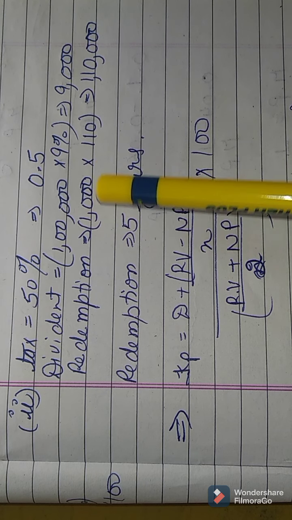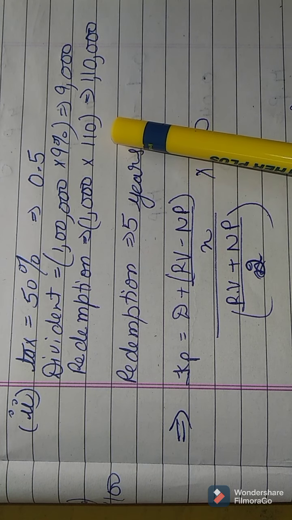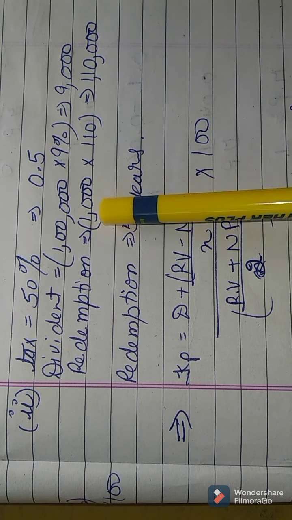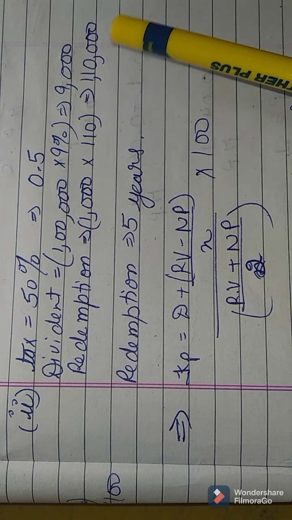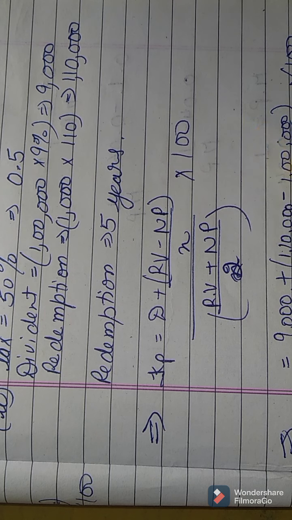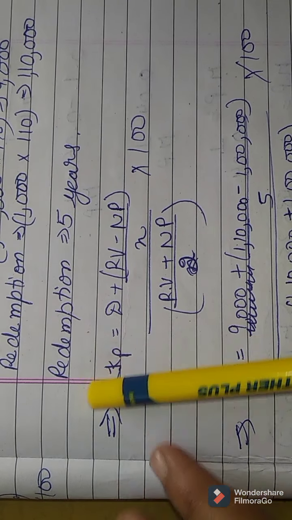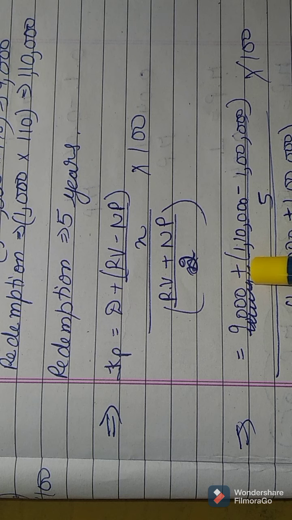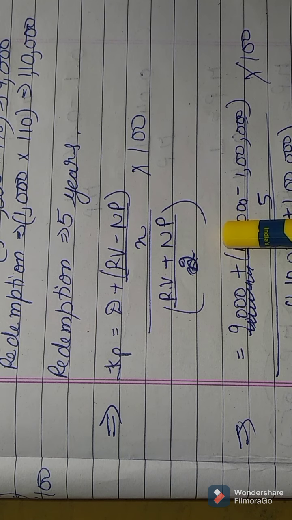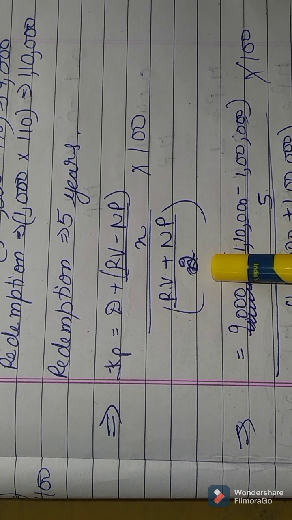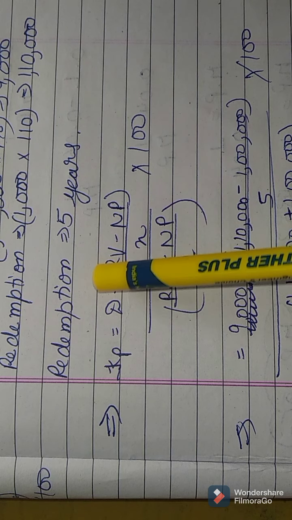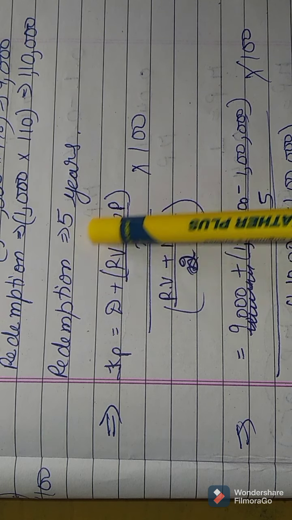Number of preference shares multiplied by the redemption value, then we get the redemption amount. 1000 multiplied by 110, 1 lakh 10,000. Redemption after 5 years. We cannot calculate any tax in this question because cost of preference shares is always calculated after tax. So it is not necessary to put 1 minus t after dividend.